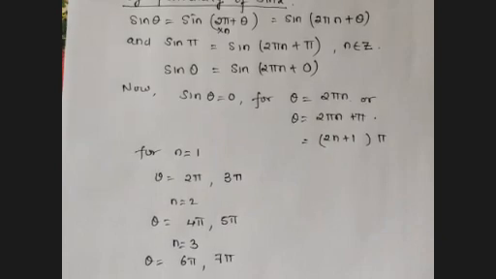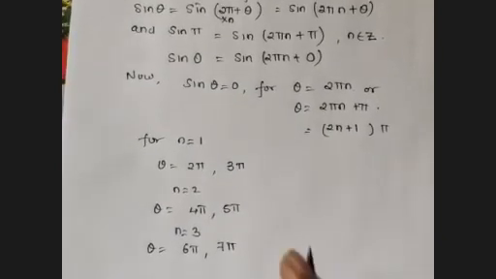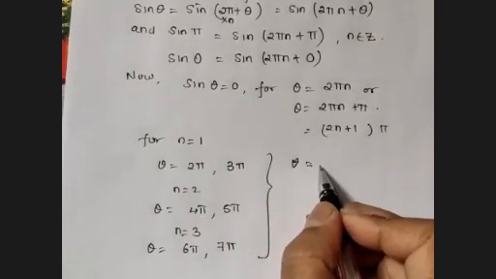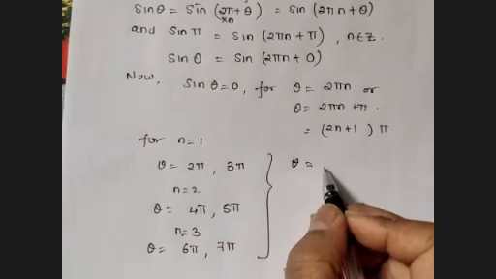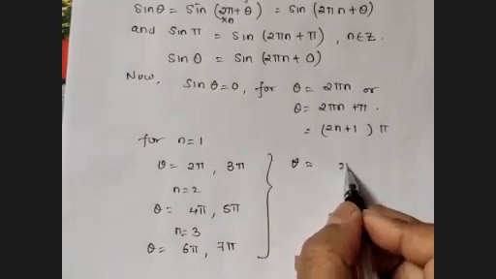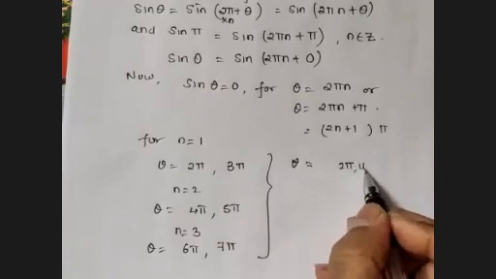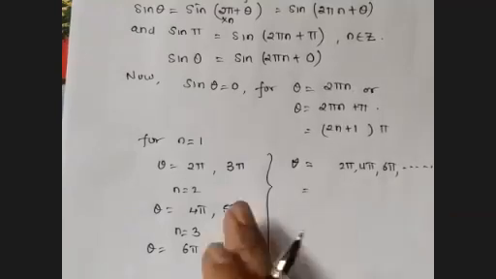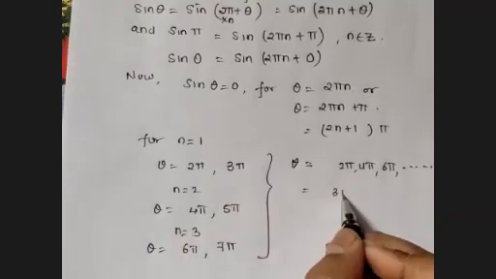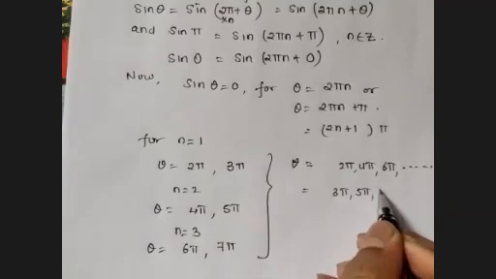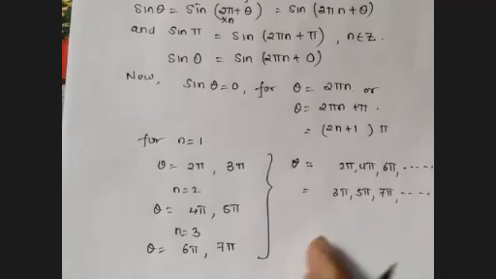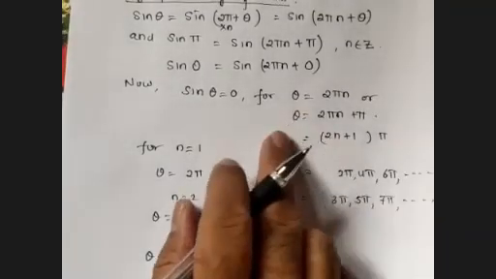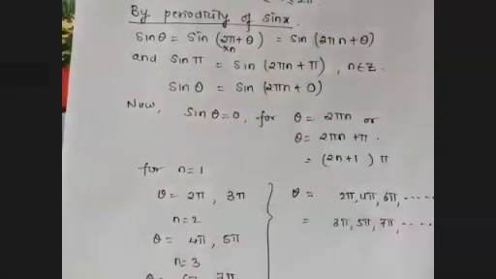So it is clear that the theta value is either 2 pi, 4 pi, 6 pi, and so on, or the theta value is 3 pi, 5 pi, 7 pi, and so on. Now, one thing we have left is the origin value, what we have discussed about the particular value.